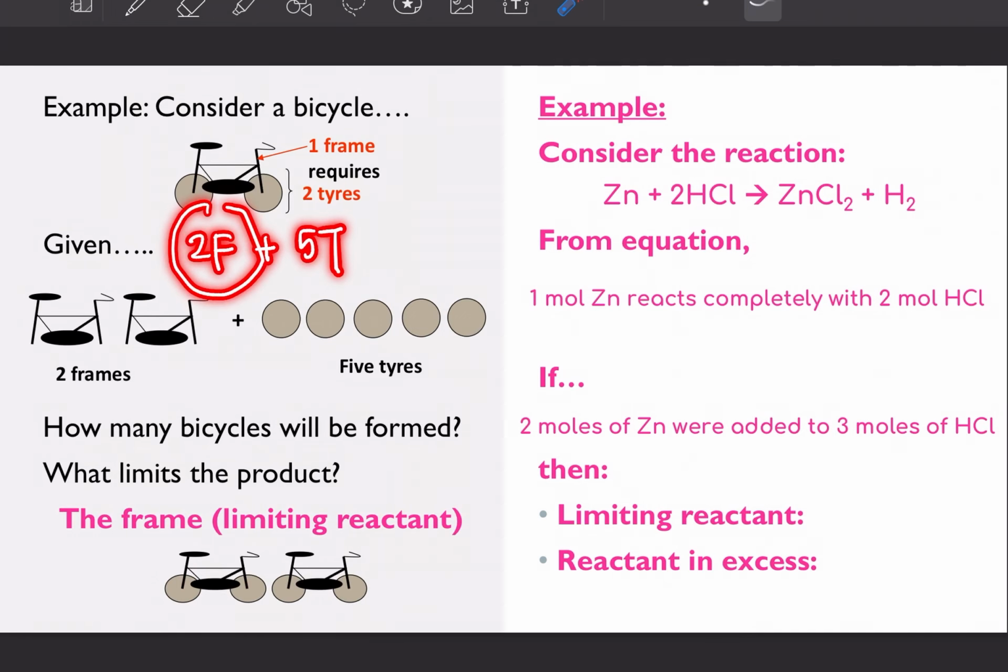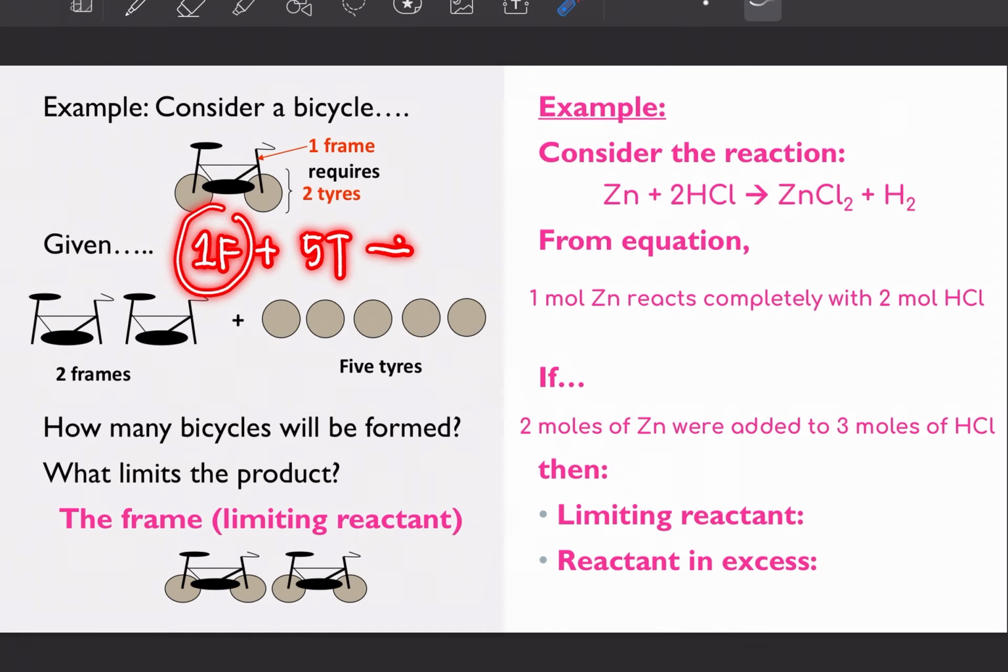So itu kalau awak ada 2 frames and 5 tires. So let's say if we have 1 frame and 5 tires, siapa yang akan limitkan the amount of bicycle that we will produce? It will still be 1 frame, betul tak? So kita boleh buat 1 bicycle je.